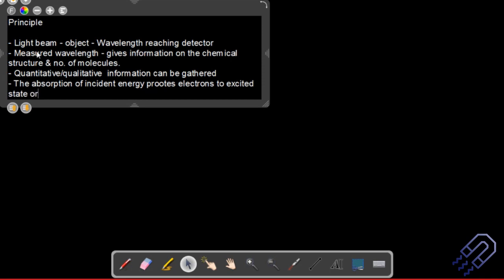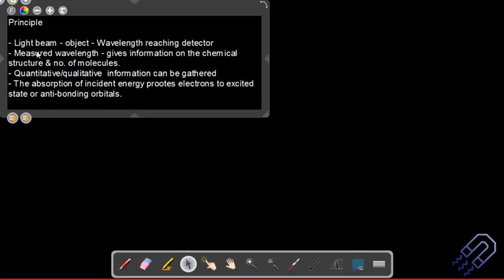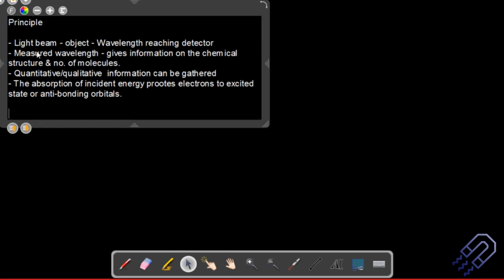The excited state that we usually have, more of the chemical part of the system, is called the anti-bonding orbital. In the anti-bonding orbital, the electrons have the nature of having greater energy. That's the main part of how exactly it works, and based on this, we can get a lot of information.